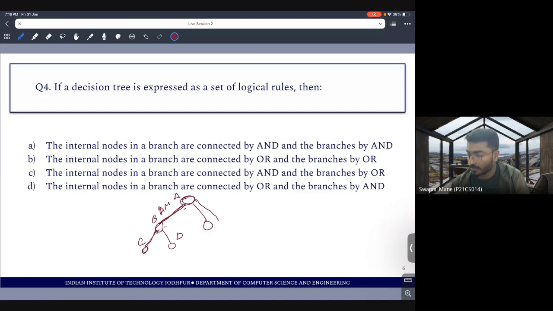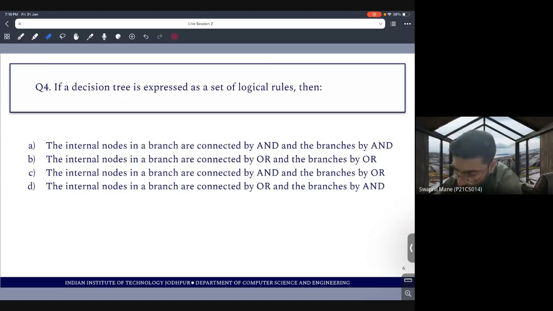So let's take the previous example and try to write it here. I'm only taking a sample example here. Suppose this is studied, or it is true, and then all we are getting is true and zero failed.